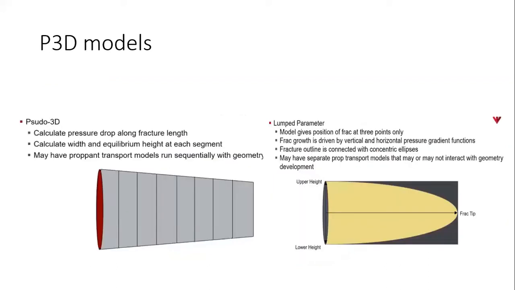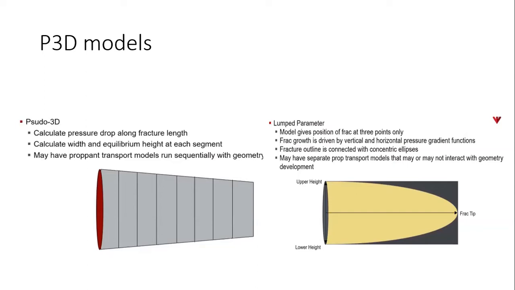Then these two models, KGD and PKN, were combined together to create the pseudo 3D model. The pseudo 3D model assumes the fracture propagates in height and in length at the same time. So once the net pressure drops, it assumes fracture propagation in height.